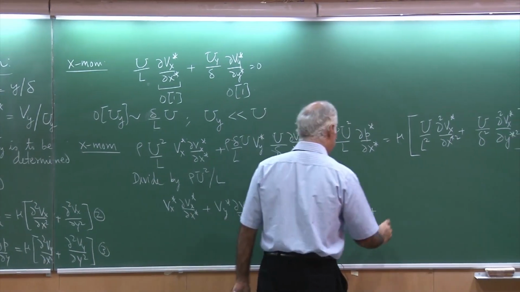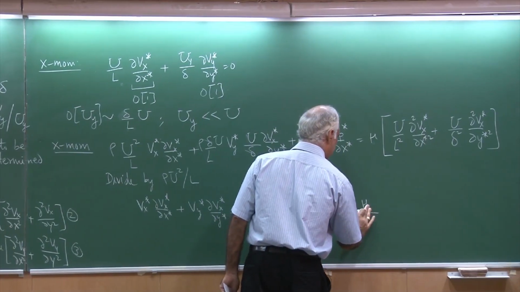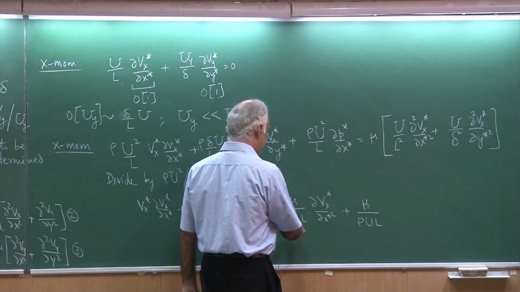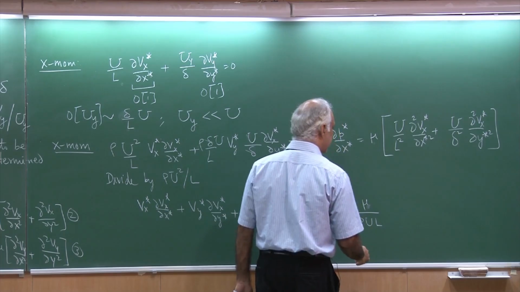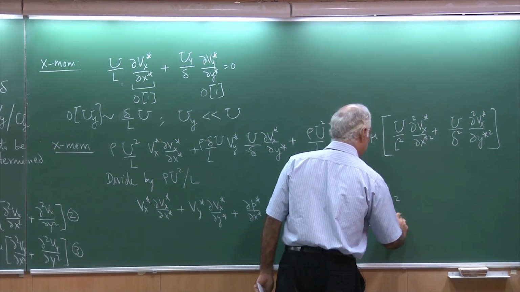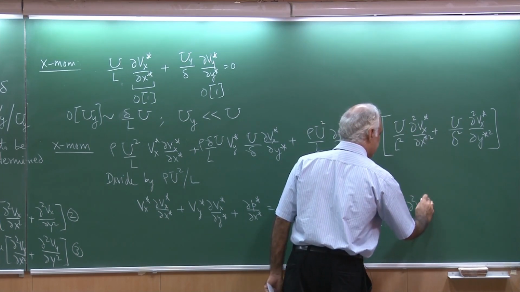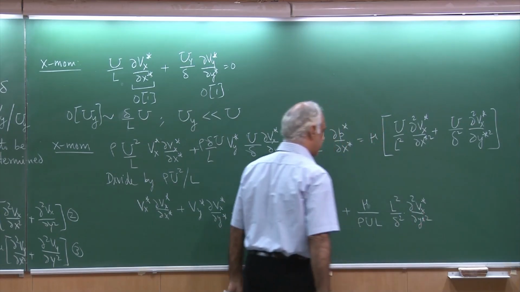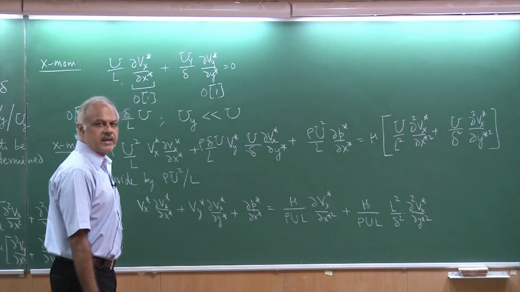The next term would be mu divided by rho u L. So I would like to retain this kind of a form, and the remaining terms, as you would see, are L square by delta square del square Vx star by del y star square. Great.